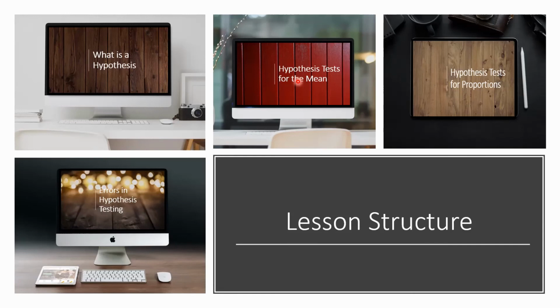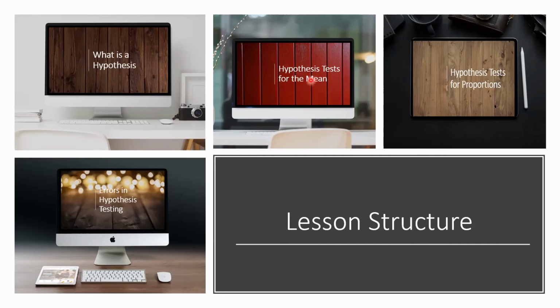Two-tail test is when you look at your alternative hypothesis and it says not equal to some value. In the one-tail test scenario, you have the upper tail and lower tail test. How do you figure that out? You look at your alternative hypothesis. And when it comes to hypothesis testing, you have two approaches, either the critical value approach or the p-value approach. So that is it for hypothesis test for the mean.